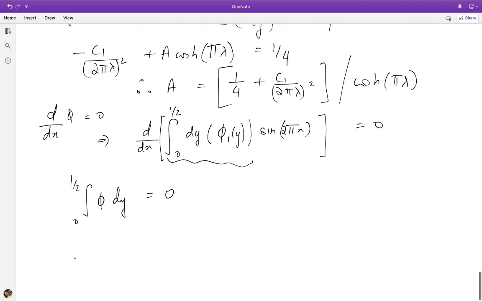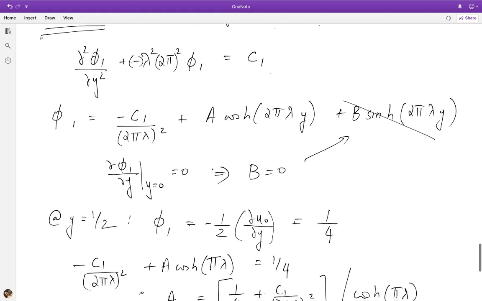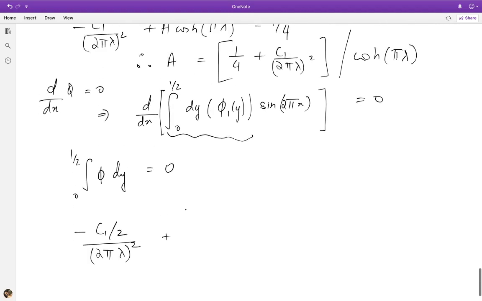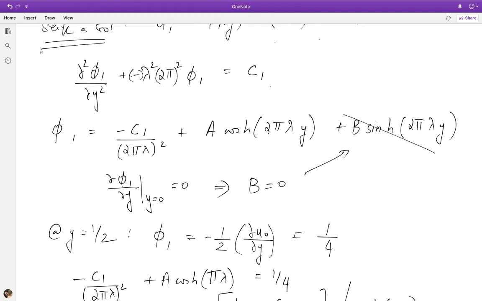So I get minus C1 by 2 divided by (2 pi lambda) the whole square, coming from the first term, plus A, which I now know in this form, times cosh 2 pi lambda y.